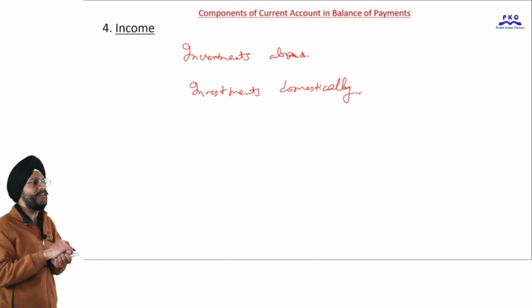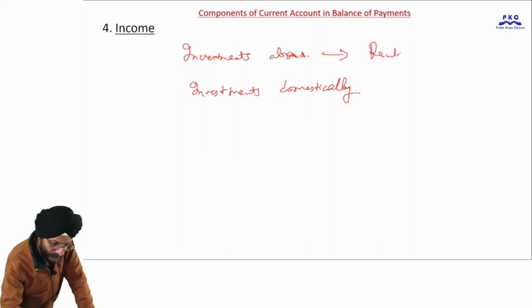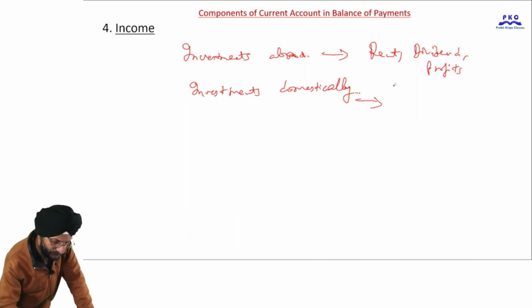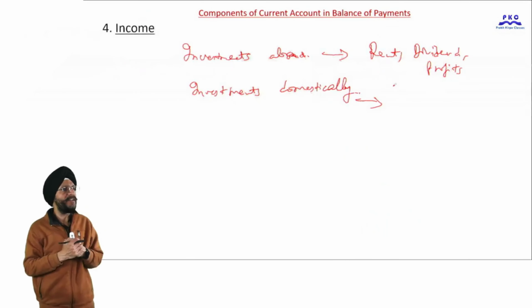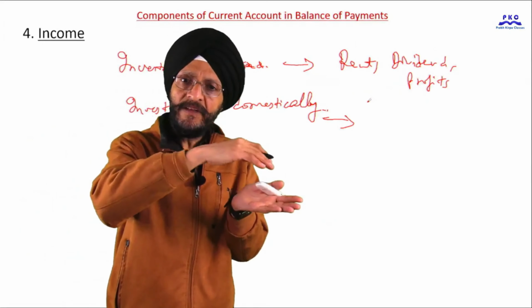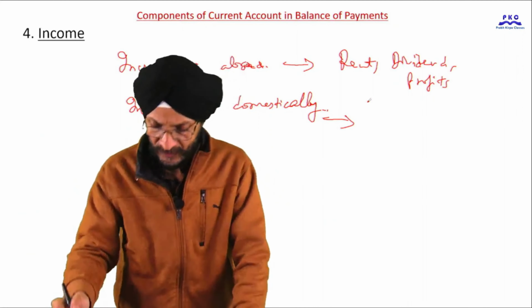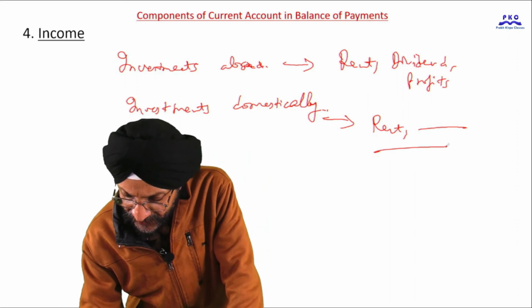So when we are having investments abroad, we may be getting some income in the form of rent, dividends, or profits. In the same way, if foreign investors have invested in our country, they will be getting from our country income in the form of rent, dividends, and profits.